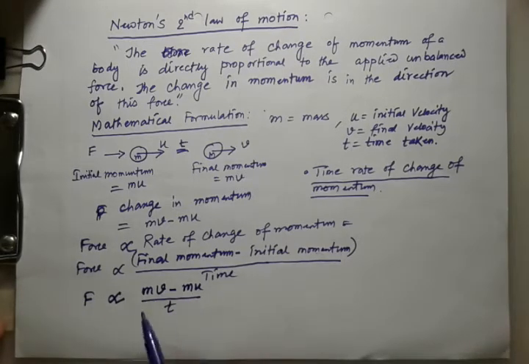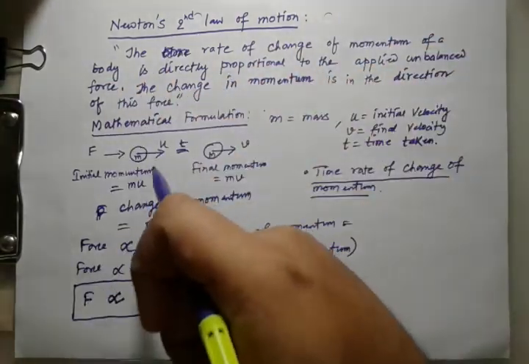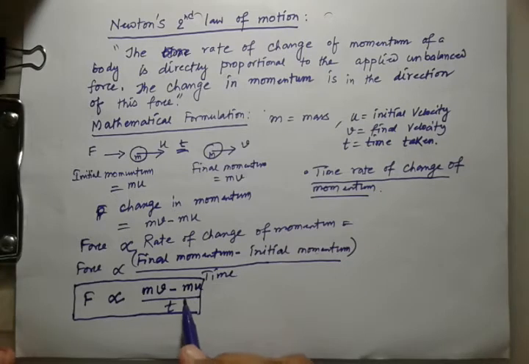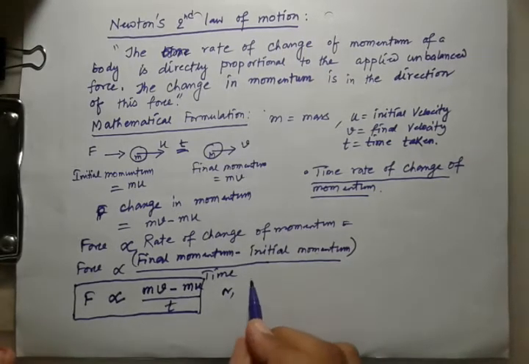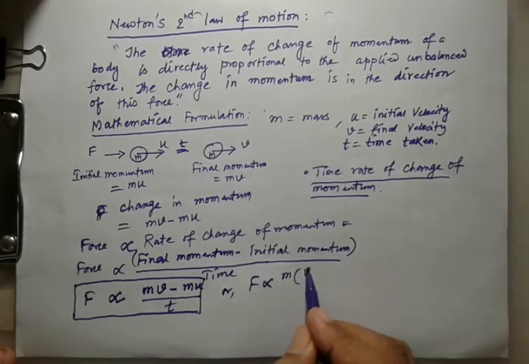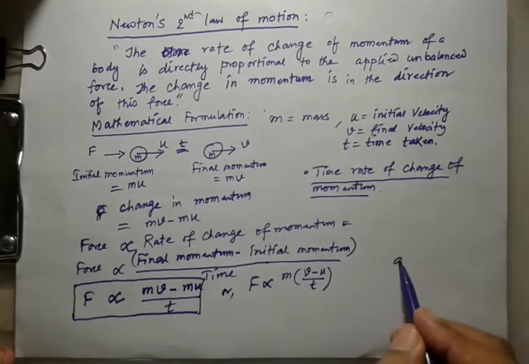This is the actual formulation of the law, and you have to change it into a mathematical formula. If I take m common, F is directly proportional to m times (v minus u) by t. You already know that v minus u by t is nothing but acceleration.